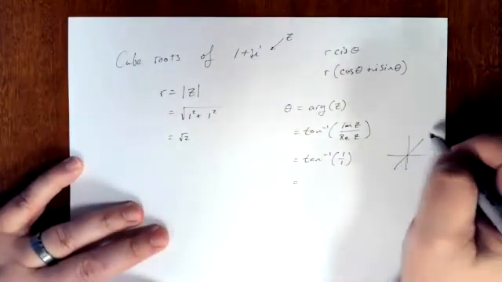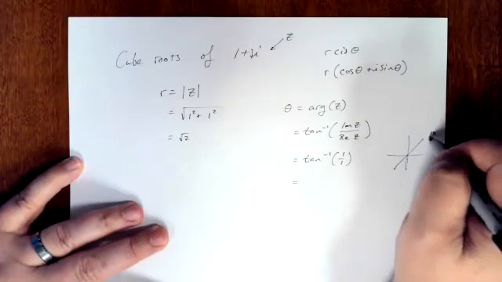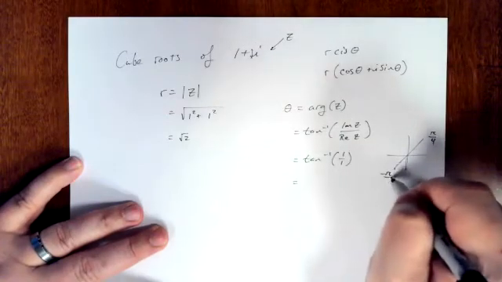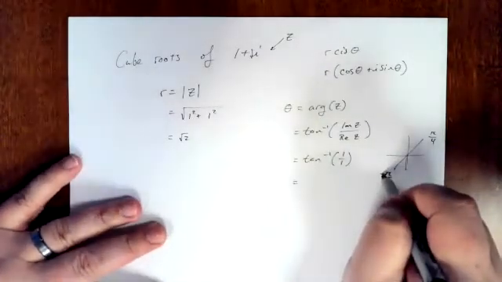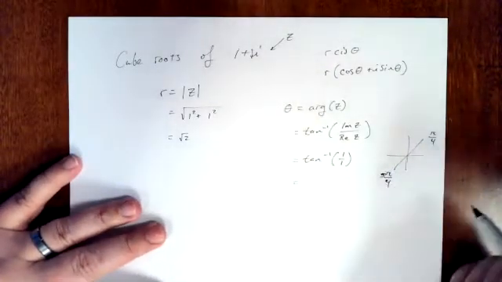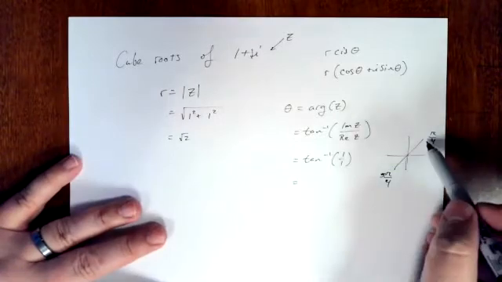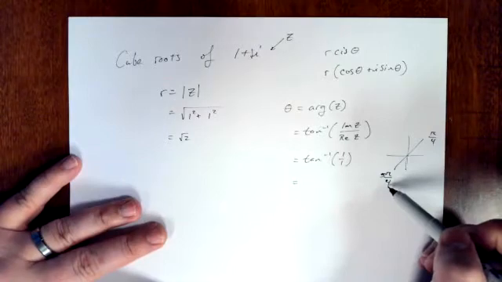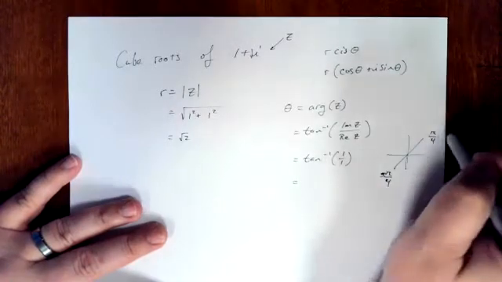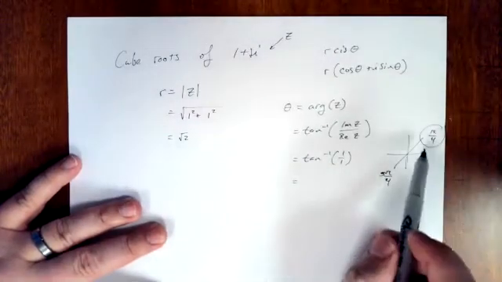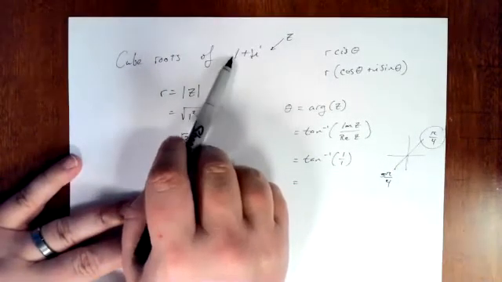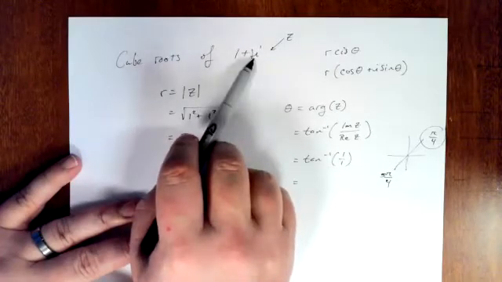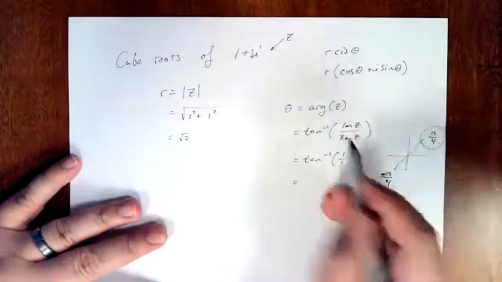That happens at pi over 4 and, I'm sorry, strike that, 5 pi over 4. But this one has a positive x and a positive y, and that one has a negative x and a negative y. So this is the one I want. I know it's positive and positive because I have a positive real and a positive imaginary. So my theta is pi over 4.